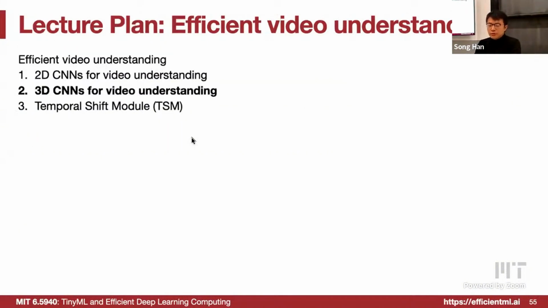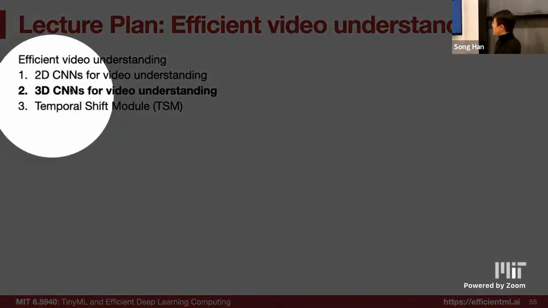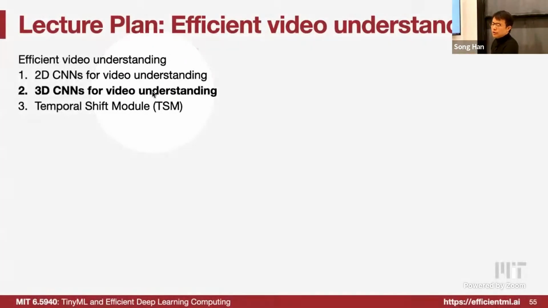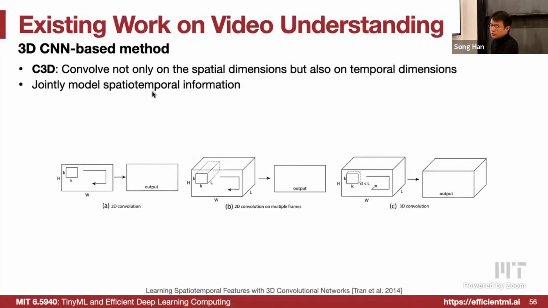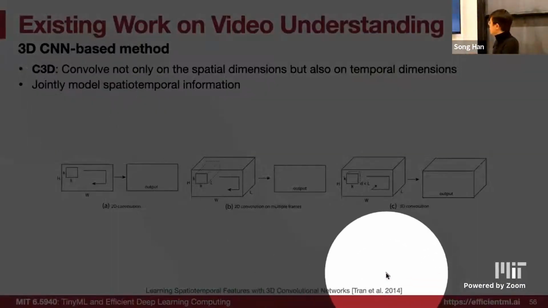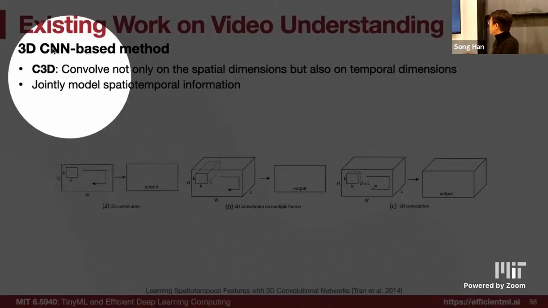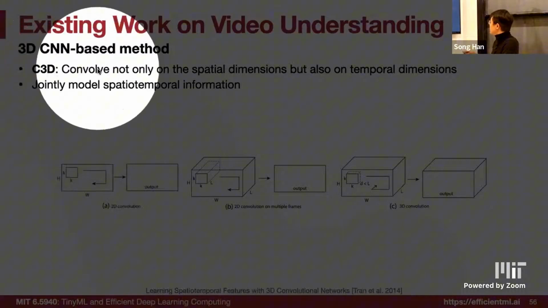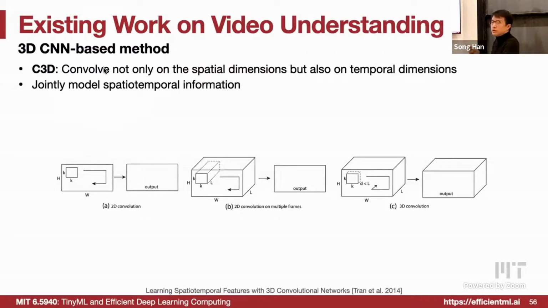So naturally, people think about using 3D CNNs for video understanding. So what is a 3D CNN? The first work, a very early work, again in 2014, a decade ago, is called C3D. It involves not only the spatial dimensions, but also the temporal dimension. Okay?